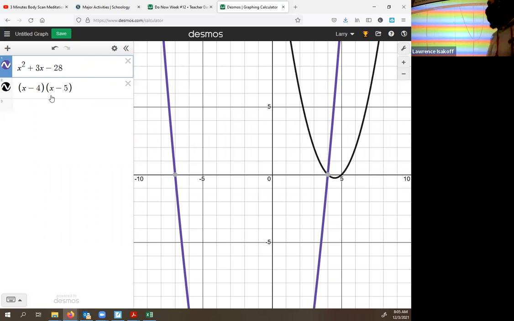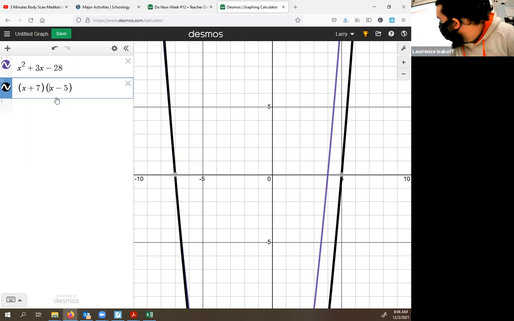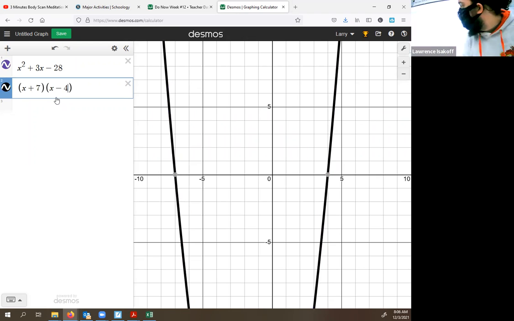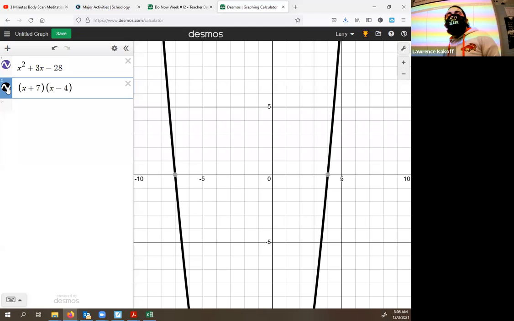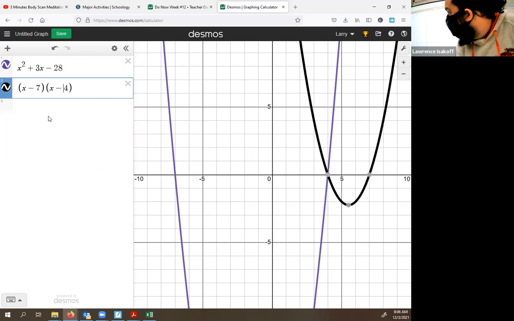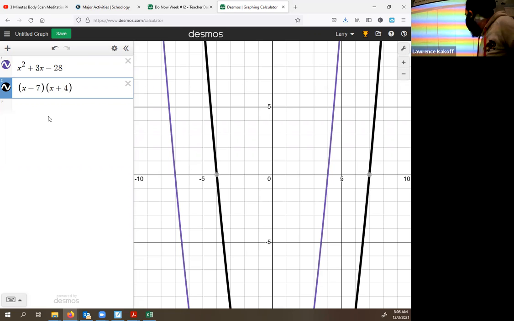Now I need to put my answer in here. So the correct answer we got, we said plus 7 and minus 4. So we notice that this is correct right now. But let's pretend we have made a mistake. Let's pretend I said, oh no, the 7's negative and the 4 is positive.